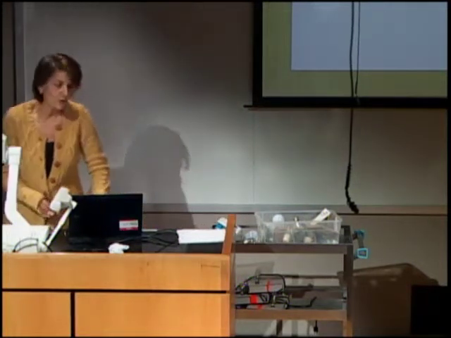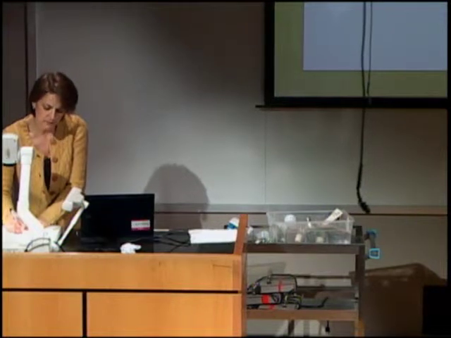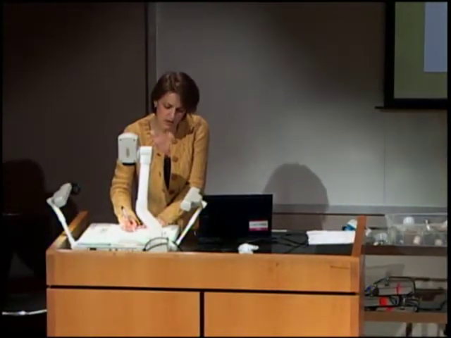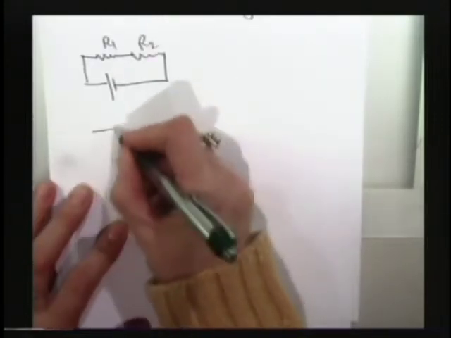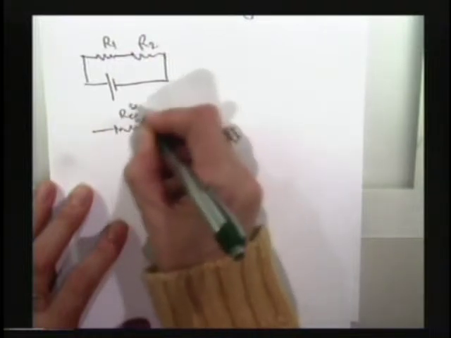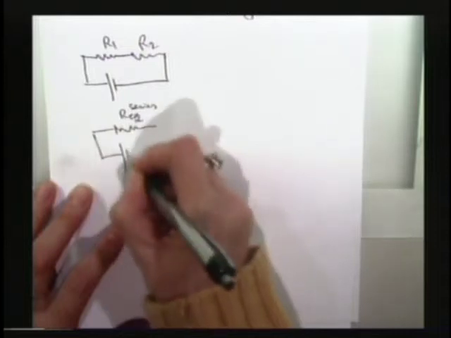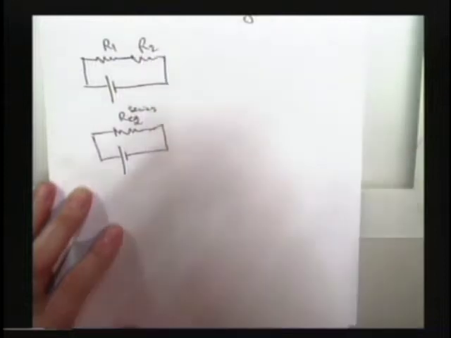So the question is the equivalent resistance. If I have these R1 and R2 in series, here to the battery, what would be the resistance of only one resistor, which I call R equivalent series, to behave in the circuit exactly the same as these two?